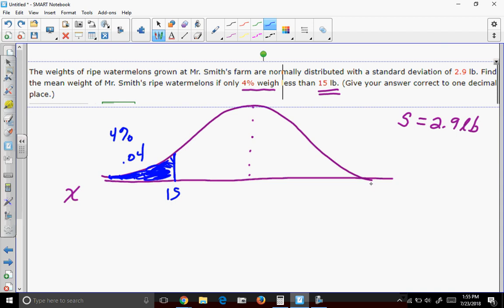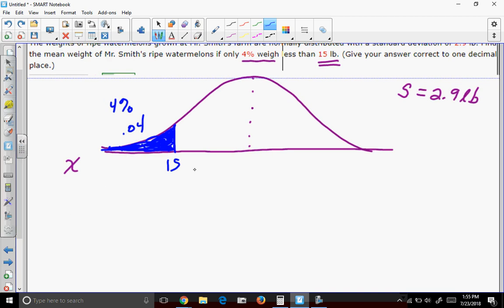So we want to find out how can we have an area of 4% to the left of 15 pounds. So, in other words, for our situation, the probability of X being less than 15 pounds, we know that probability. That's 4%. That's 0.04.